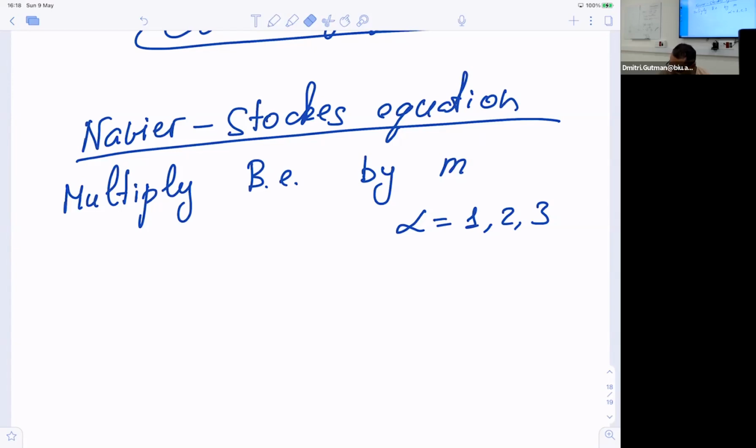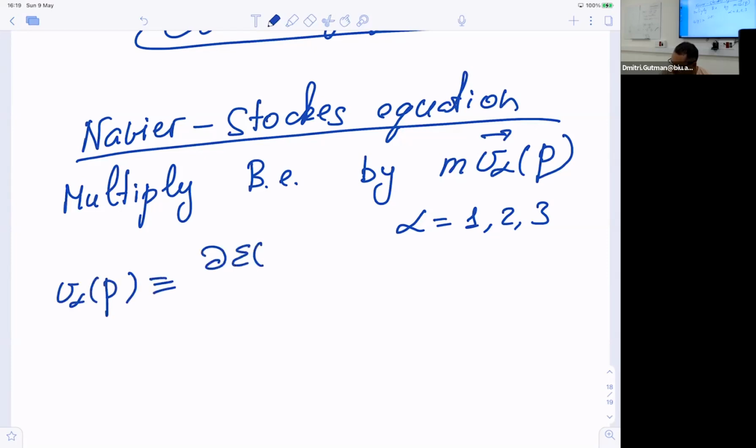I wanted to say, let us multiply by m v alpha. v alpha is by definition d epsilon p over dp alpha.